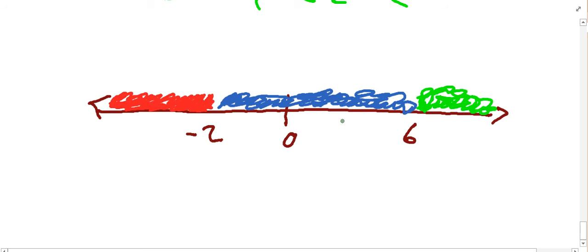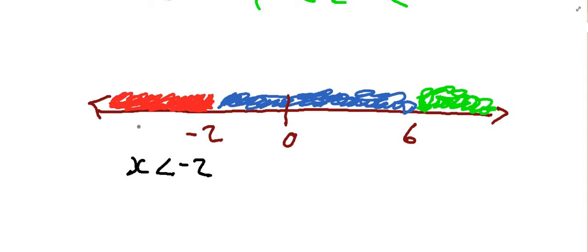If I do this, I can come up with 3 expressions. The first is on the red side, where x is less than -2, because on this side you have -3, -4, -5, and so on, which are all less than -2.